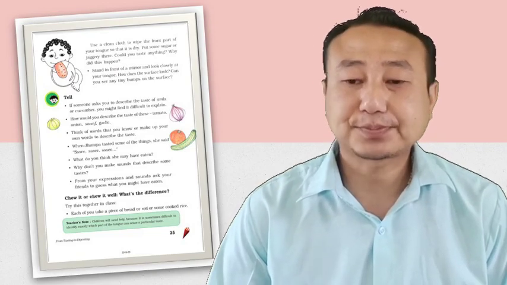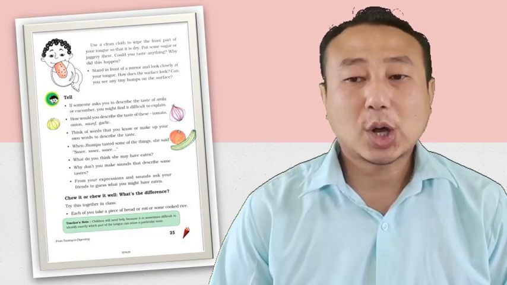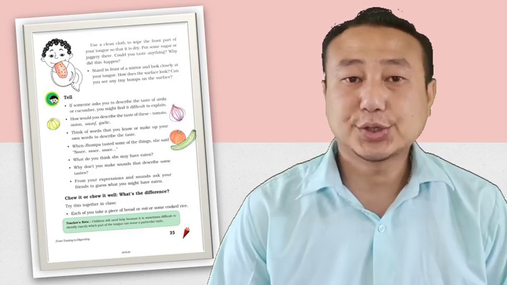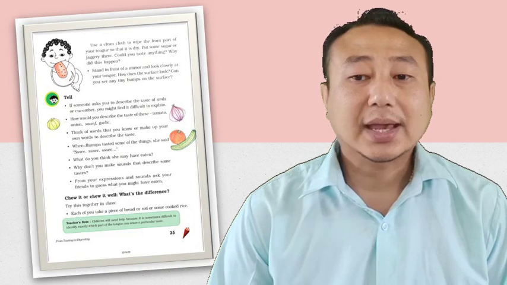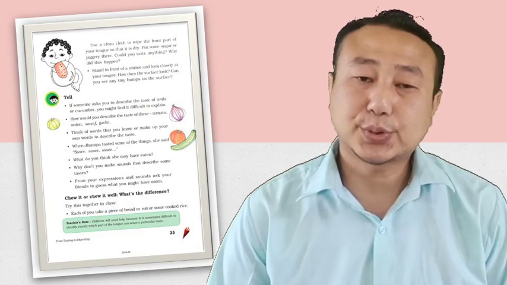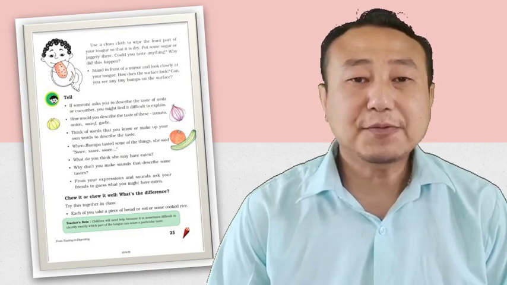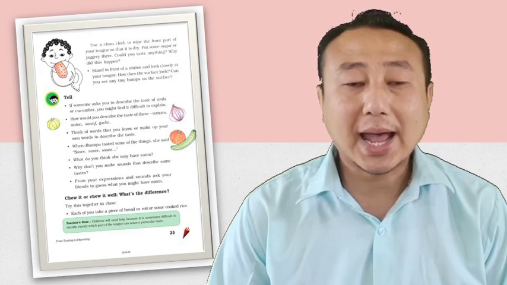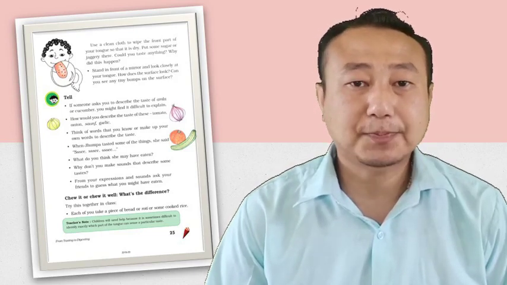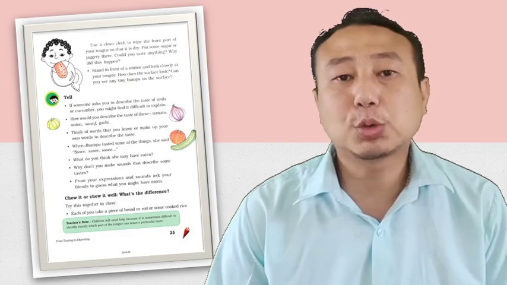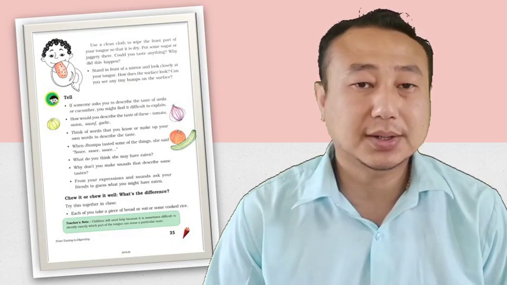Now let's continue. Stand in front of a mirror and look closely at your tongue. How does the surface look? Can you see any tiny bumps on the surface? If we clean our tongue properly and stand in front of a mirror and look at our tongue, we will be able to see small tiny bumps on the surface of the tongue.